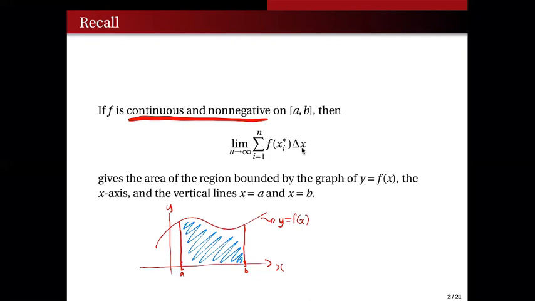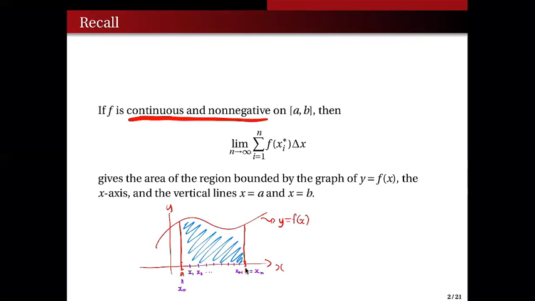Let us recall how this was obtained. What we did last time was to divide the interval [a, b] into n subintervals of equal length. We divide it and label the points. This one is x sub 0, this is x sub 1, this is x sub 2, etc., and then this is x sub n, and this one is x sub n minus 1.